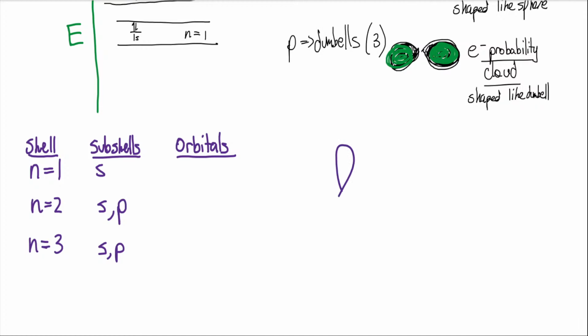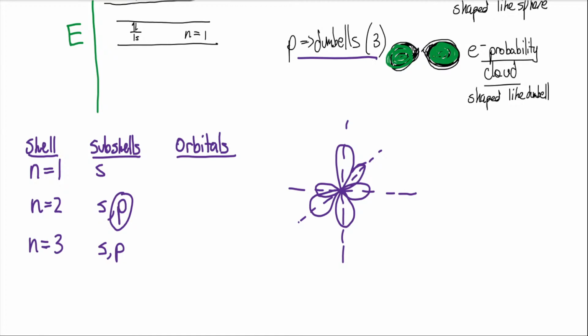There's one in the Y direction, one in the X direction, and one in the Z direction. You could picture it, and that's why there are three of them. Remember, P is what determines that there are three of them. P shows up in many places, and there's going to be a P here as well.